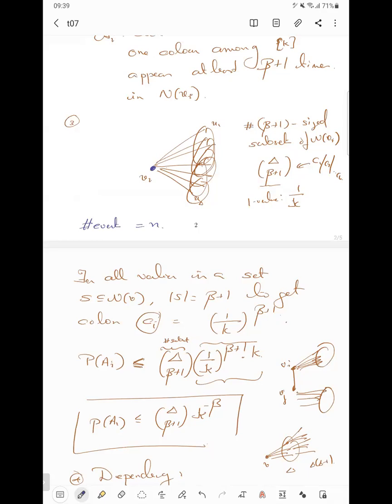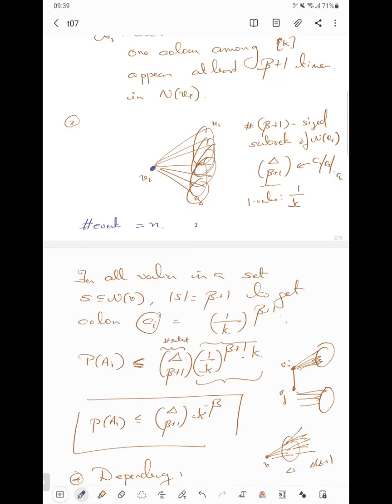Whenever we are thinking about using the Lovász local lemma, you do not care if the total number of events blows up. You are only worried about the dependency. The reason I gave these two bounds for the same problem is to drive home this point.